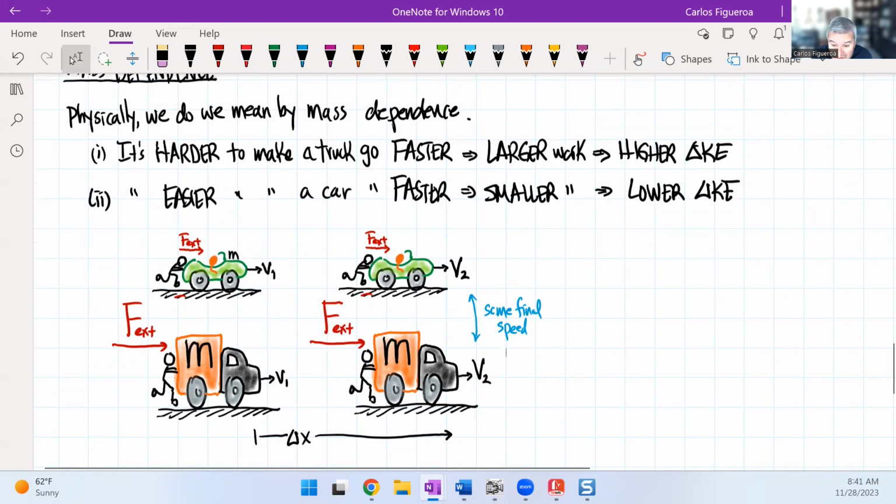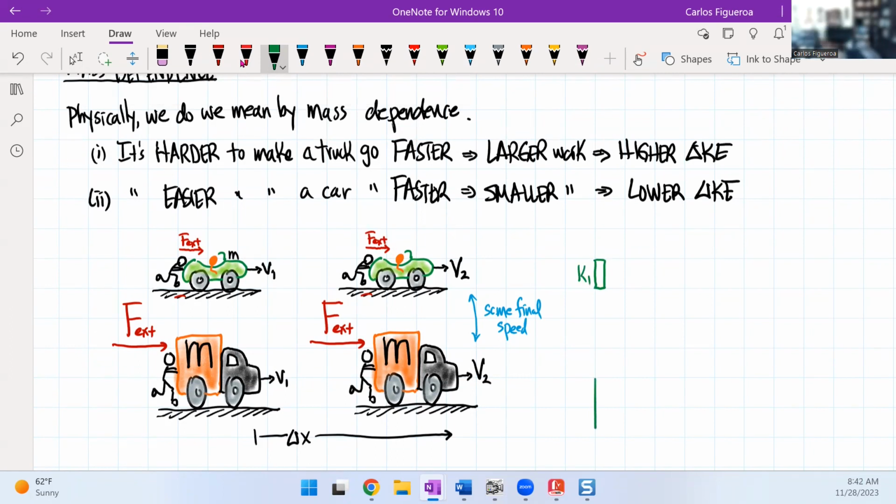So if I start to just draw my pictures here, then I imagine the following type of thing. When I look at this car, it has a smaller kinetic energy, but this truck has a higher kinetic energy. And the reason why it has a higher kinetic energy is because it's mass dependent. It's harder to change its motion.